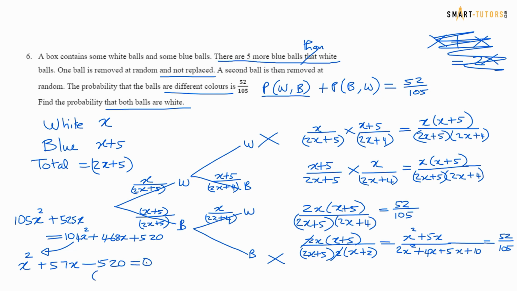Now I need two factors which multiply to give 520 and take away to give 57. So how to find out those two factors? Let's do some maths here. So 520, I'm going to do 52 times 10, right?